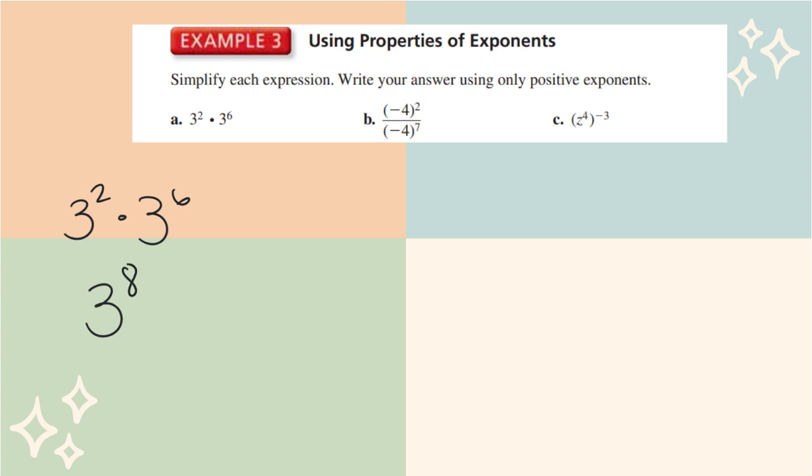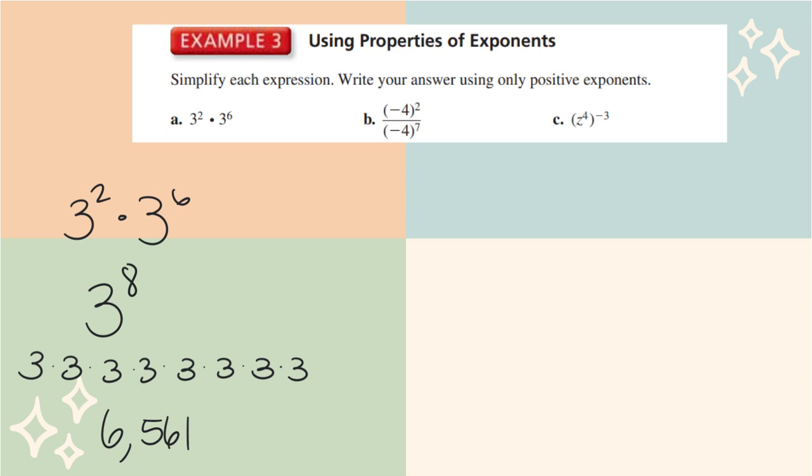And to simplify this, we multiply 3 how many times? 8 times. 1, 2, 3, 4, 5, 6, 7, 8. All that multiplied together gives us 6,561.